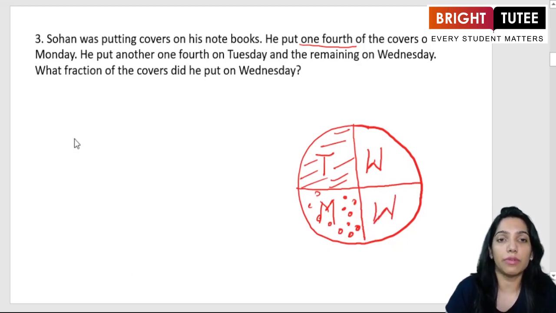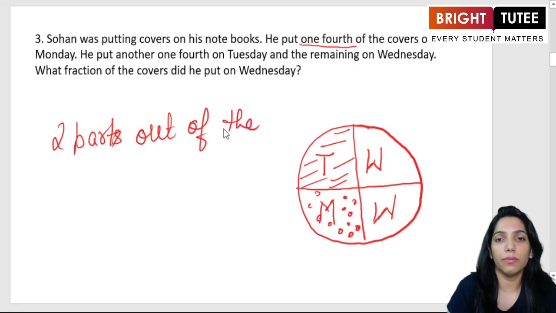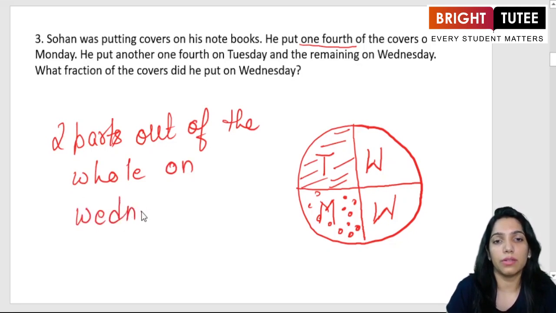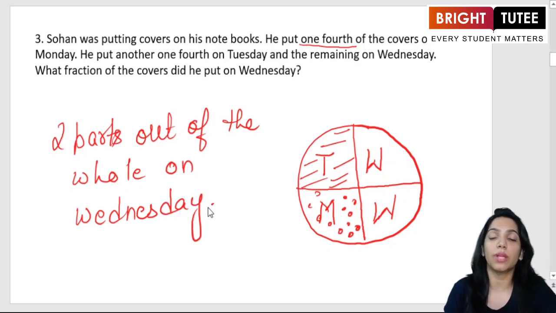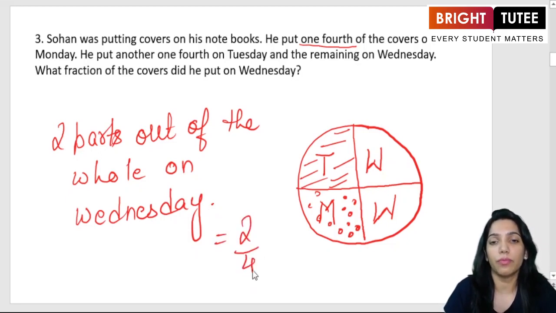So on Wednesday he will cover 2 parts out of the whole. And how many parts are there in total? 4 parts. So I can write this down as 2 over 4 on Wednesday.